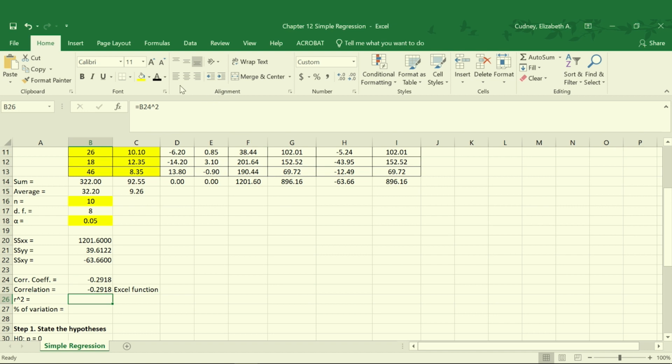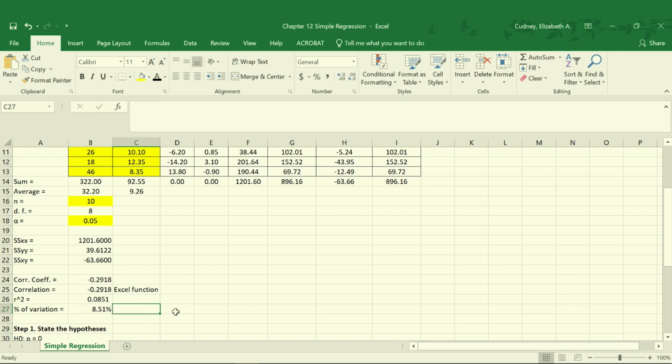Our R squared value then is going to be our correlation coefficient squared. So we have a value of 0.0851. We can use that information then to determine the percent of variation that we have. So we have 8.51% of variation.